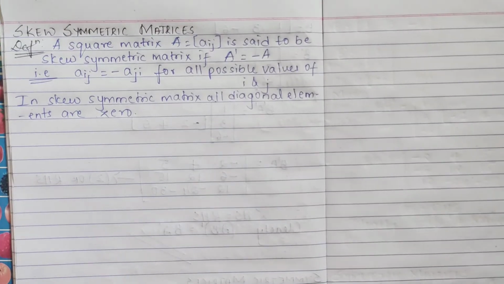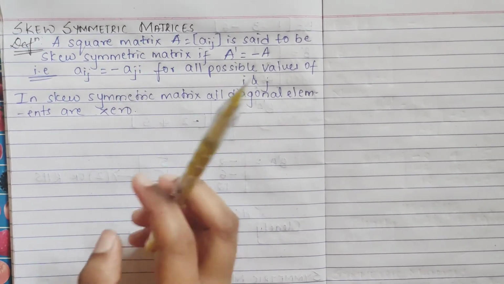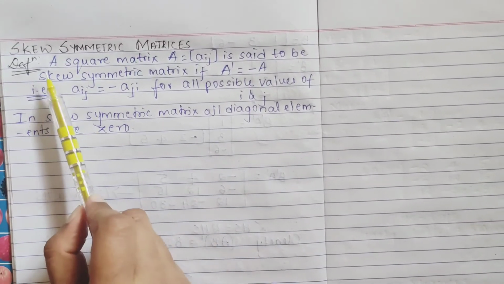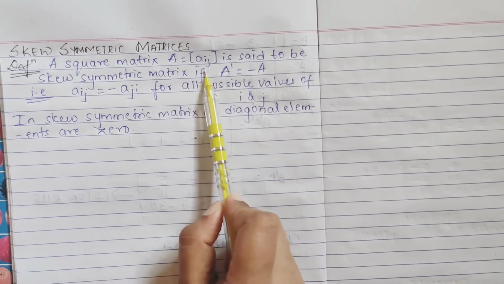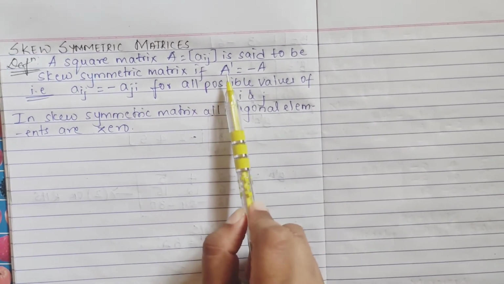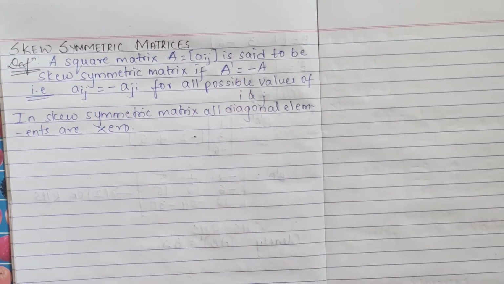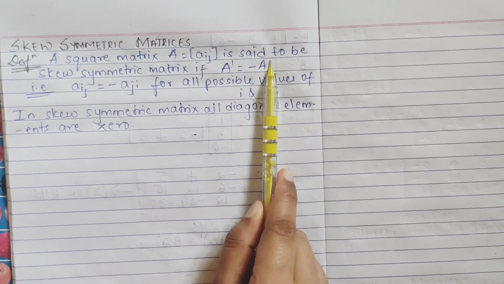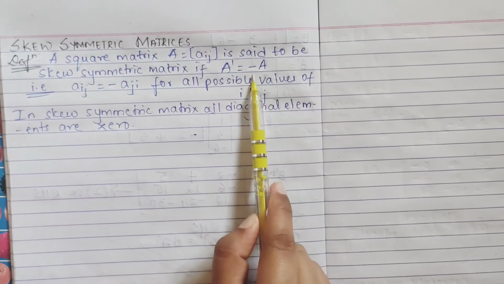Next is skew symmetric matrices. What will skew symmetric matrices tell? Let's see. A square matrix A equal to [Aij] is said to be a skew symmetric matrix if A transpose is equal to minus of A, right? So whatever you get, A finding its transpose, it should be the negative of that.